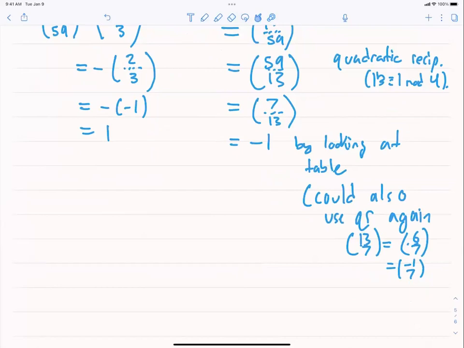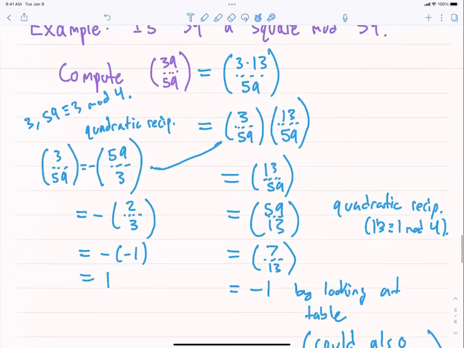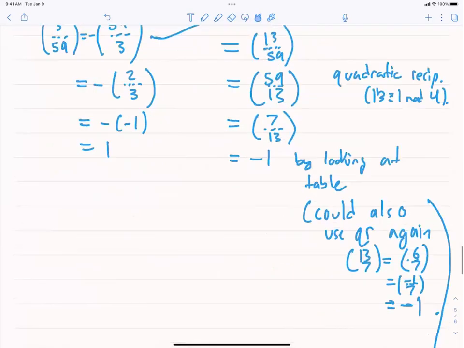By the first rule, we know -1 is not a square mod 7 because 7 is congruent to 3 mod 4. So this is -1. So the answer when I compute all the way out is that this Legendre symbol is equal to -1, and so I conclude that 39 is not a square mod 59.